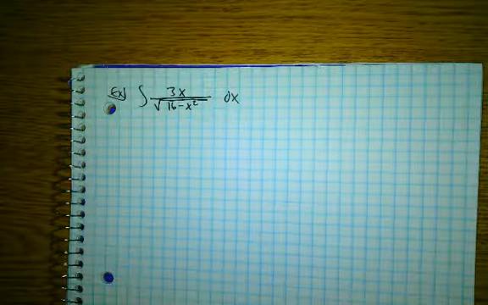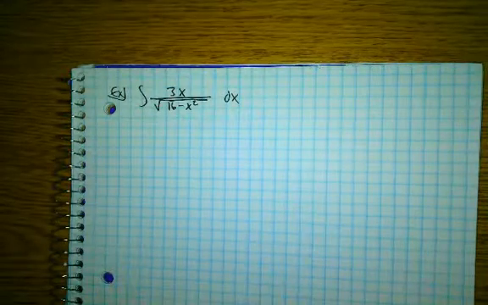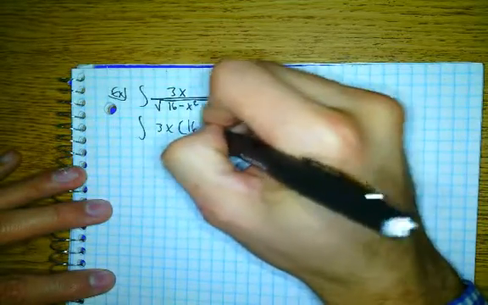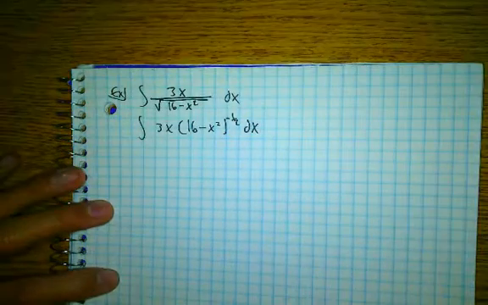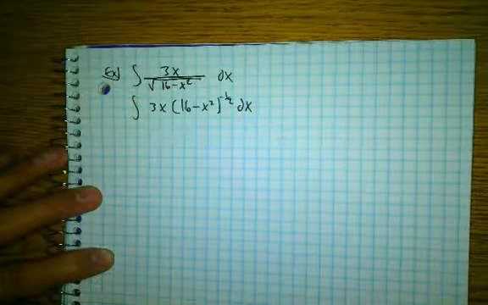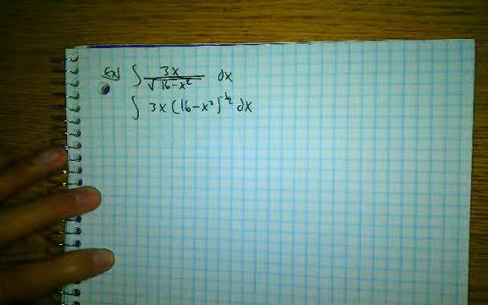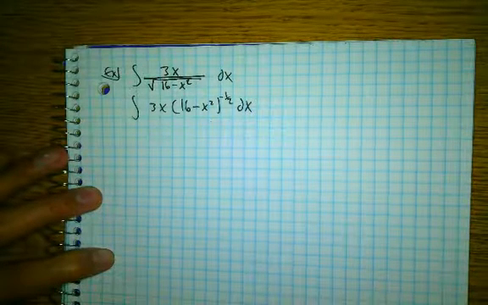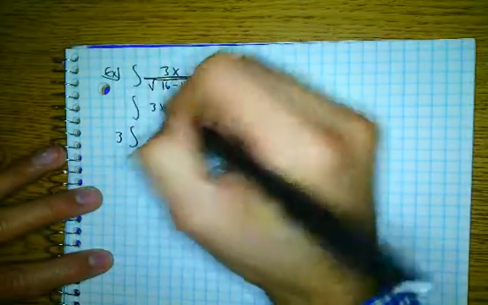Okay, so then you want to do this? Is that what you meant? Okay, sure, we can do that. Then what? There's one thing I suggest, you don't have to, but you can. Take out the constant. Make your life easier. So 3 times the antiderivative of 16 minus x squared to the negative 1/2 x dx.